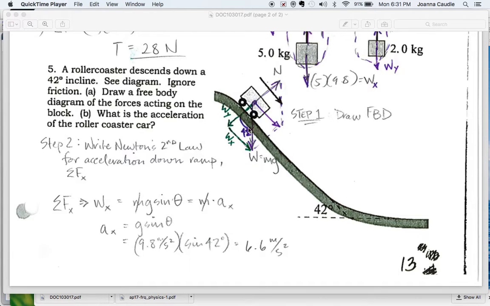Also recall that if I know the angle of the incline is 42, then I know the angle between the weight of the cart and the y component. So the next step is to write Newton's second law in the direction of the acceleration down the ramp.